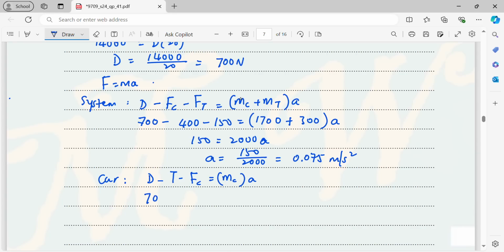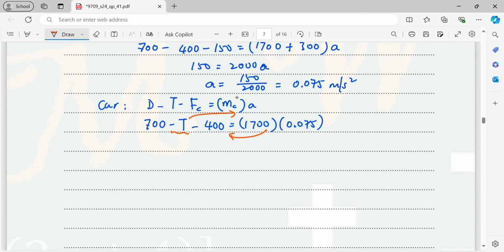So replace all values. The T just remains. Then Fc is already given in the previous calculation. Then the MC is 1700. Then the A already counted, 0.075. Then to get the T, since from the calculation this is minus T, I will move the minus T to the right side and then move the right hand side to the left side.